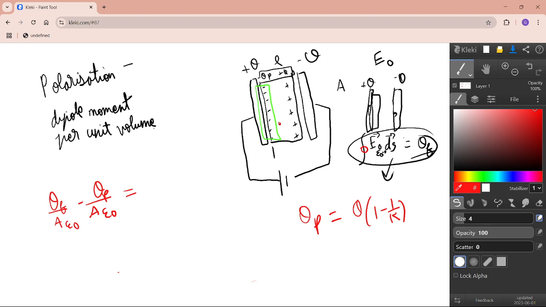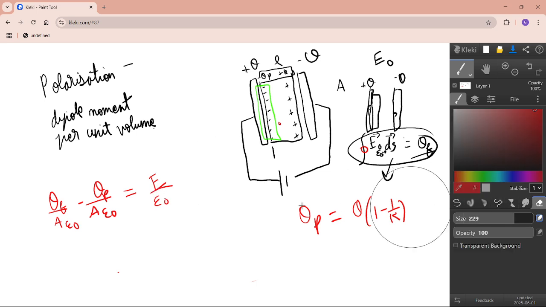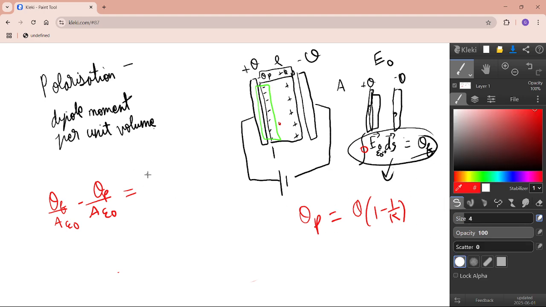But the net electric field, by definition of the dielectric constant, is defined as E naught over K. E naught is QF upon A epsilon naught, divided by K. That's the definition of the dielectric constant. And of course, you multiply the whole thing by K and take it out.